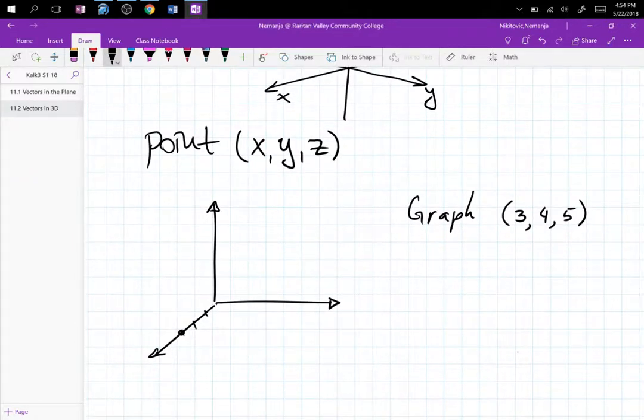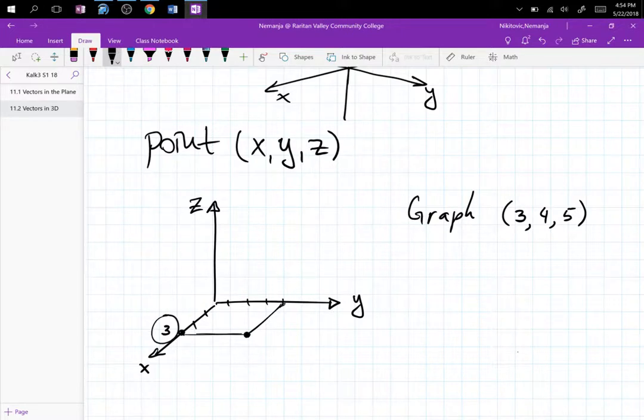We will get to 3 first on the x-axis. Then we would have 1, 2, 3, 4, right, to come up with a point in 2D.